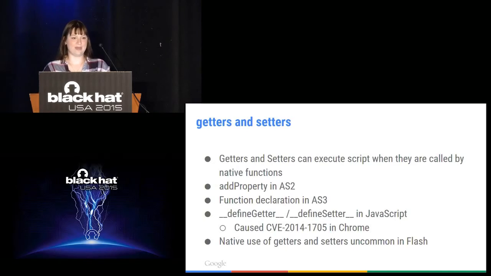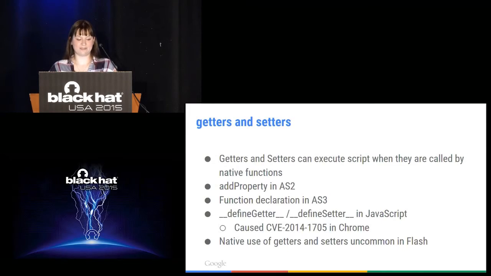It was an issue where for a certain object, a getter and a setter for length was defined when the code assumed that length was just a property. And what that meant was that the getter and setter could return a different value for length each time. And once again, this was an overflow where the first time it returned the value, it was small, and the second time it returned the value, it was large.